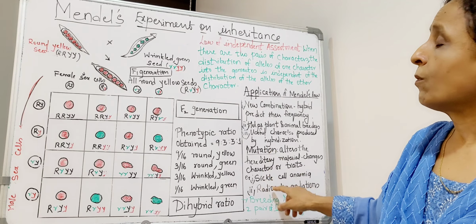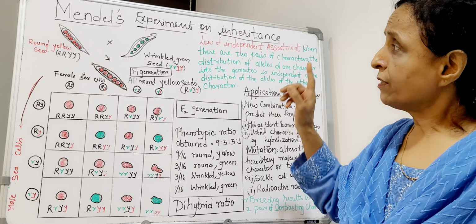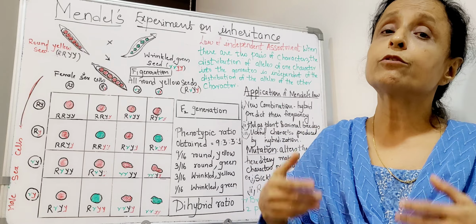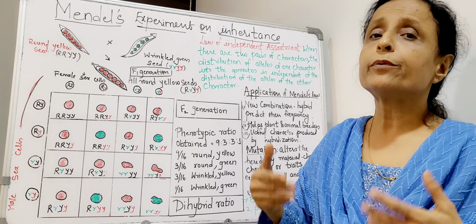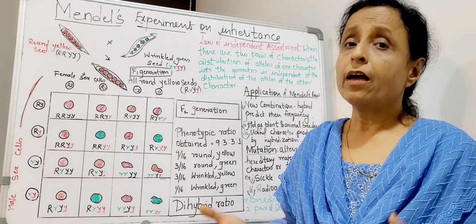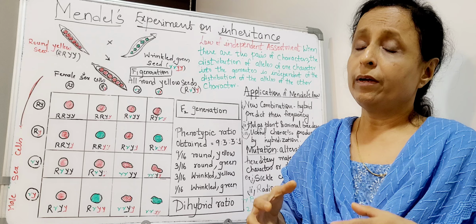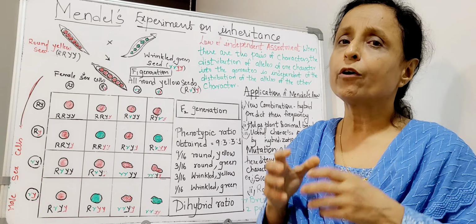So this is what mutation is. This is what genetics helps us understand: how to produce better progeny and how to avoid the diseases which can be caused by certain combinations.